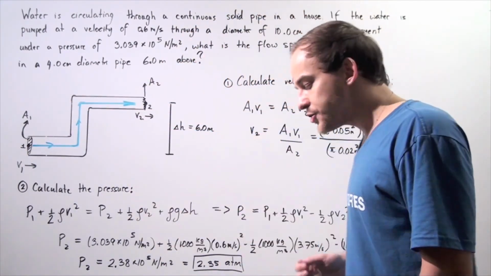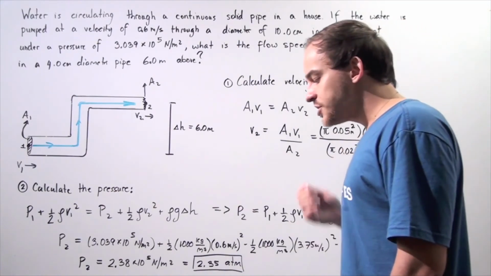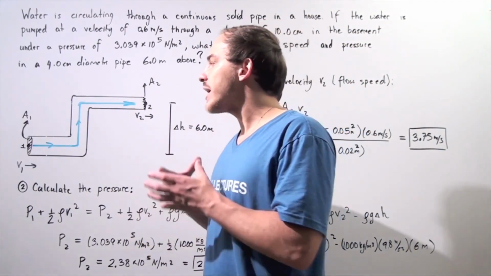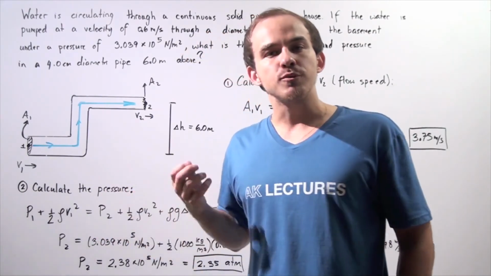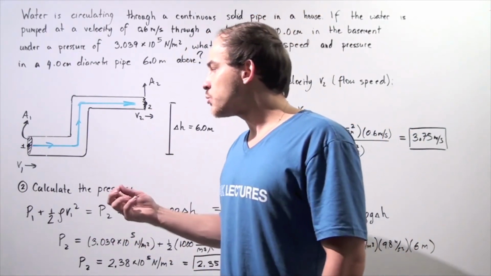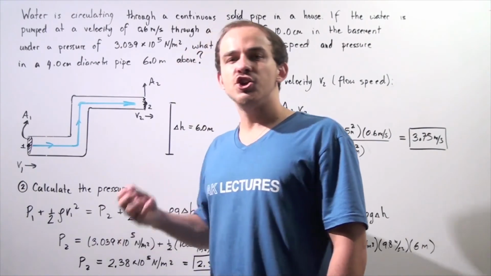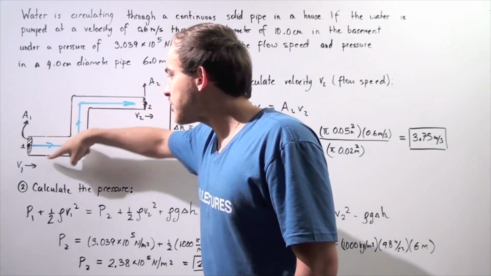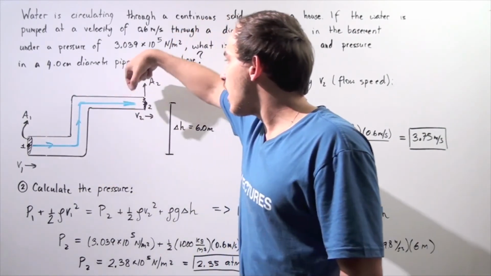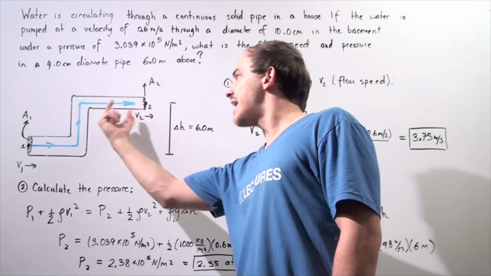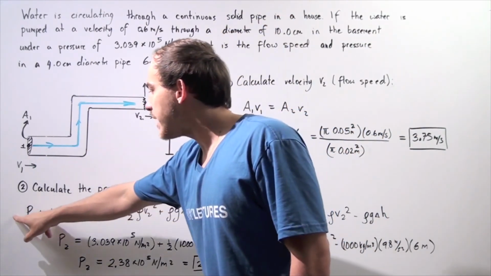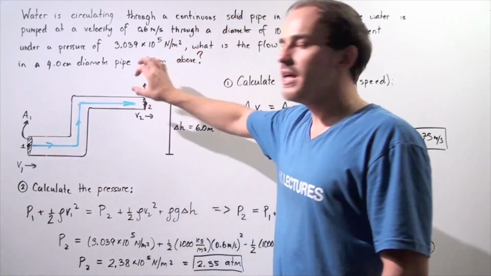Recall what Bernoulli's equation states. Bernoulli's equation states that in the place where you have a greater velocity, you have a smaller pressure. And in the place where you have a smaller velocity, you have a greater pressure. So that means here our pressure will be greater and here our pressure will be less because the velocity here is greater than the velocity here. And that's exactly why P1 is greater than P2.